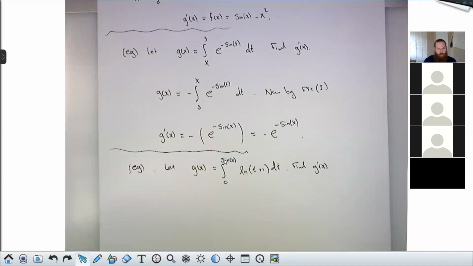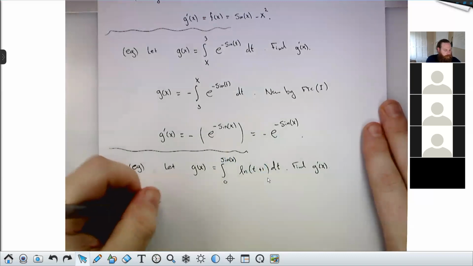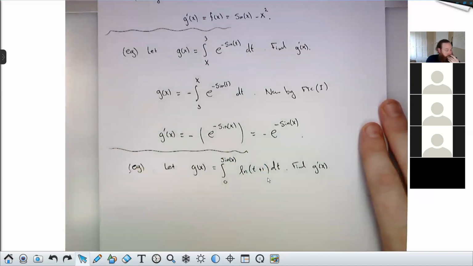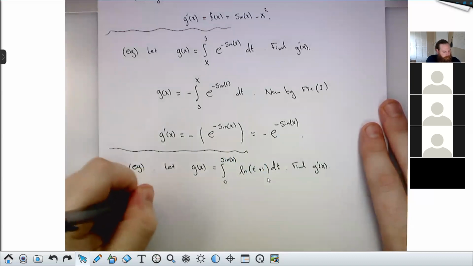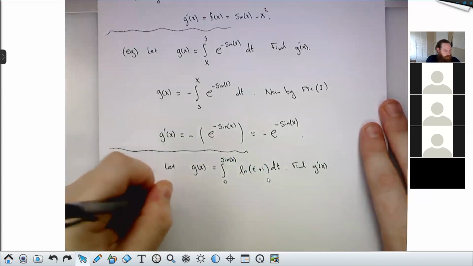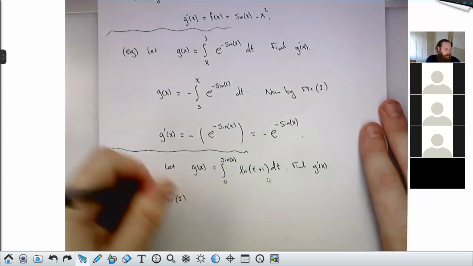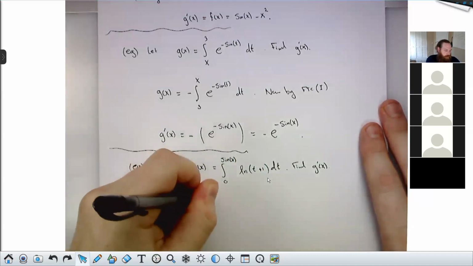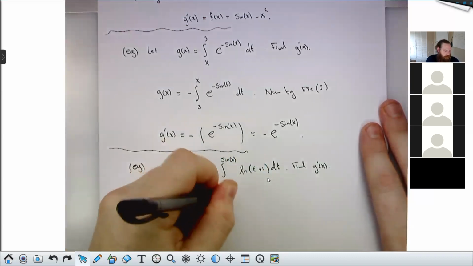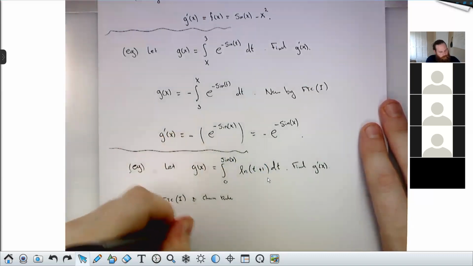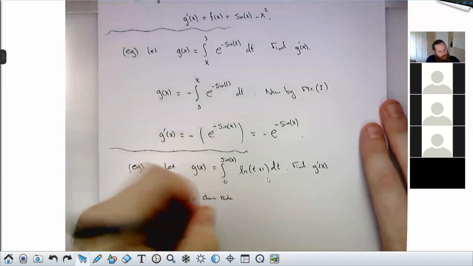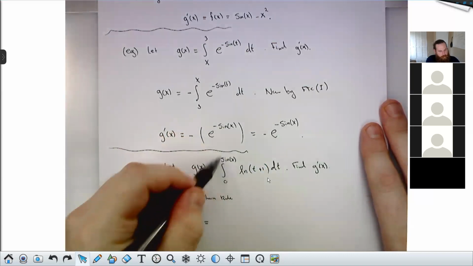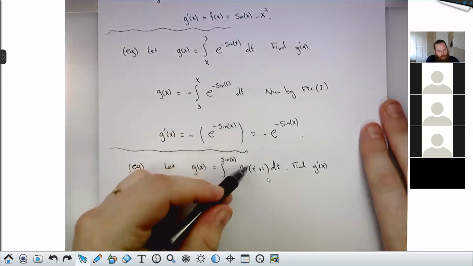So by FTC1, I should just be able to plug this in here. But I also need to multiply by the derivative of my inner function, which is this sine function. So by FTC1 and the chain rule, g primed would be, I take this and I plug it in here.